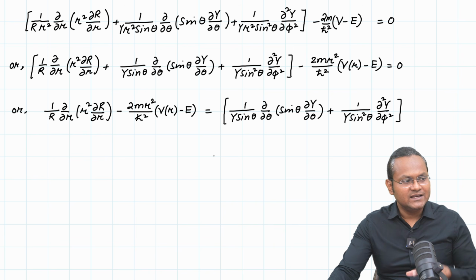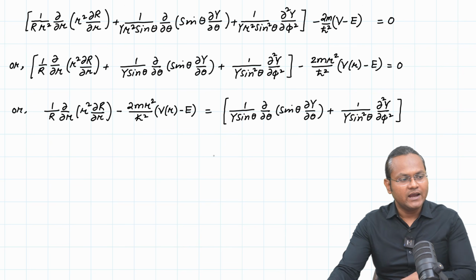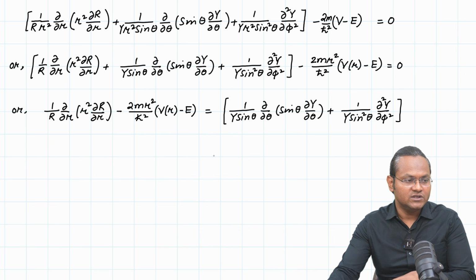So the left hand side is entirely a function of r, the radial distance, and the right hand side is entirely a function of theta and phi, which are the angular and the azimuthal displacements.